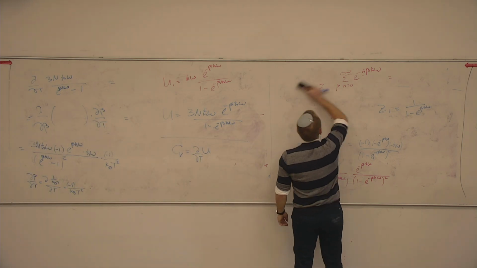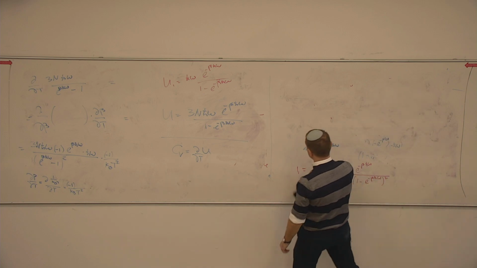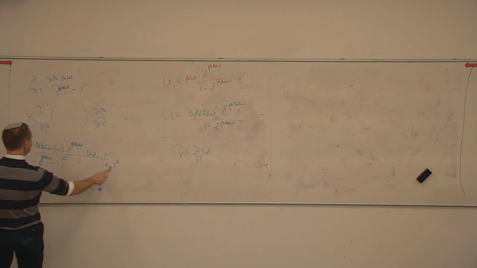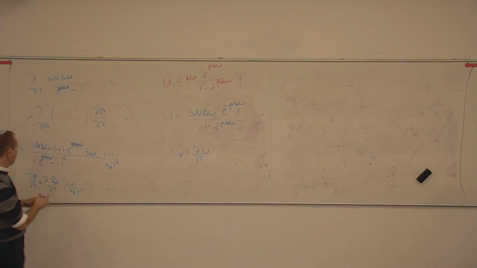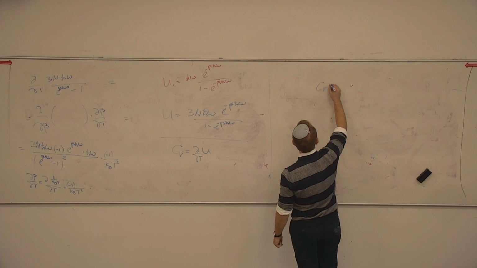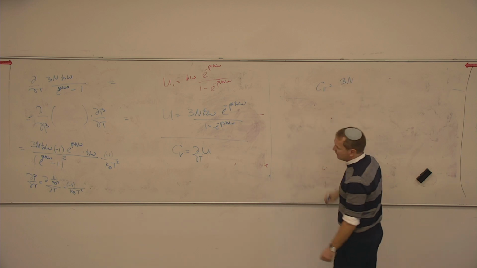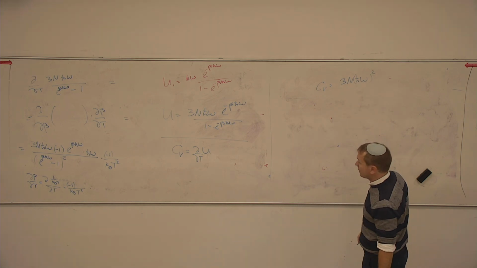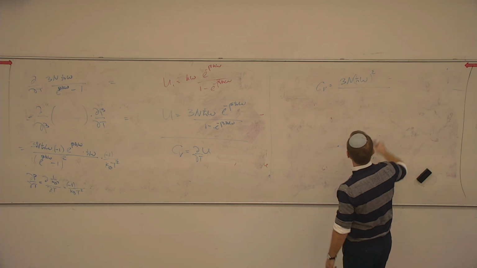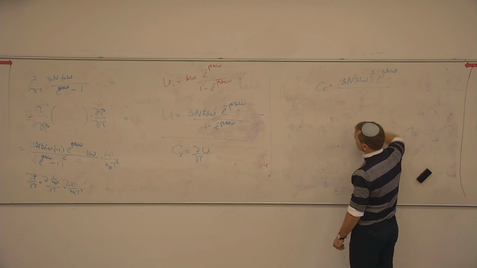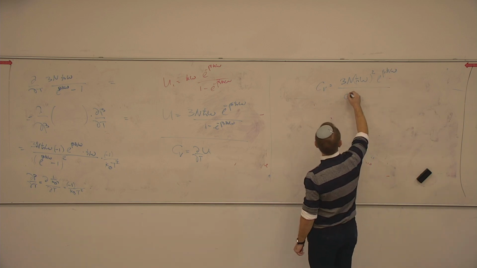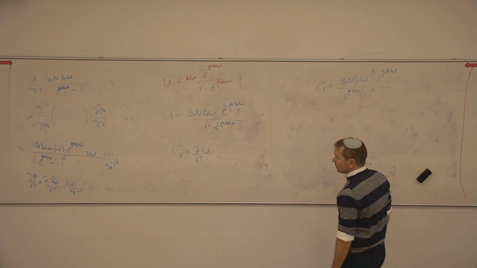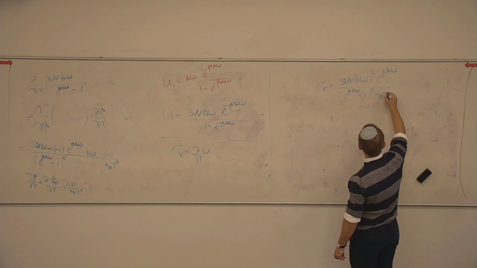Let's write down this final result over here. So what we have, k Boltzmann T, this guy stays the same, so CV is 3n h bar omega squared, times e to the power beta h bar omega, divided by e to the power beta h bar omega minus 1 squared, divided by k Boltzmann T squared.